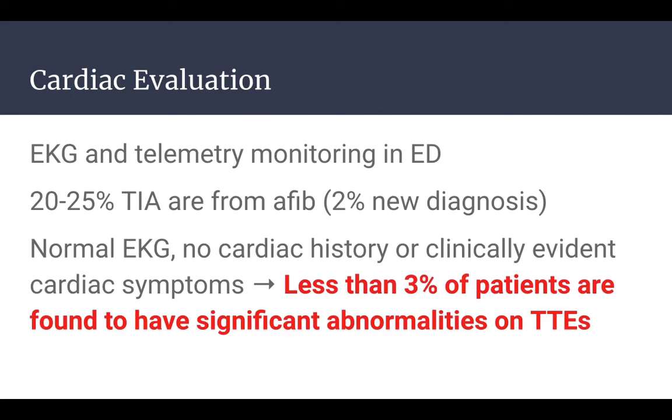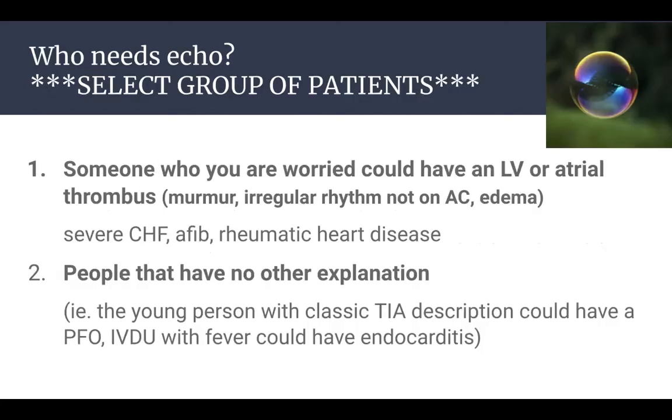Patients that have a normal screening EKG on presentation, no cardiac history or significant risk factors, and no clinically evident cardiac symptoms or exam findings like a murmur or signs of heart failure, less than 3% of these patients are going to have any significant abnormalities on echocardiogram. So you really want to be sure to think about what patients actually need it.